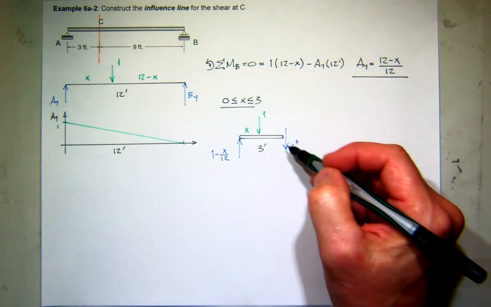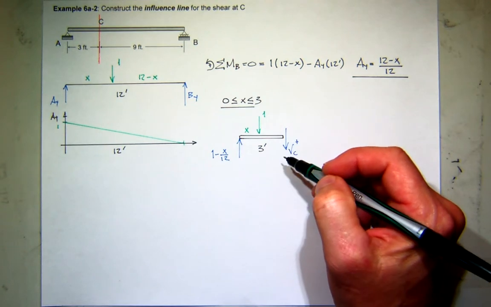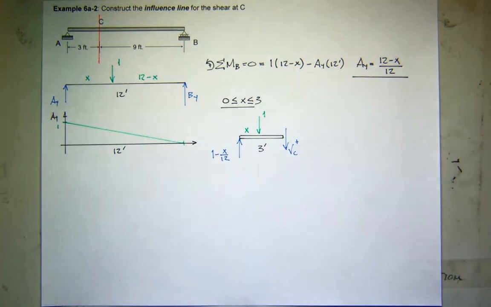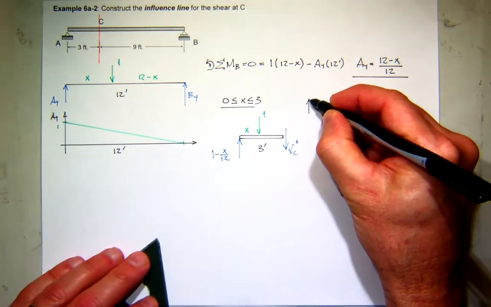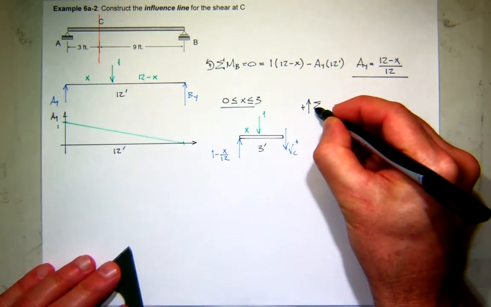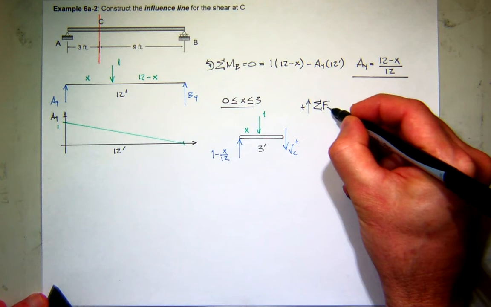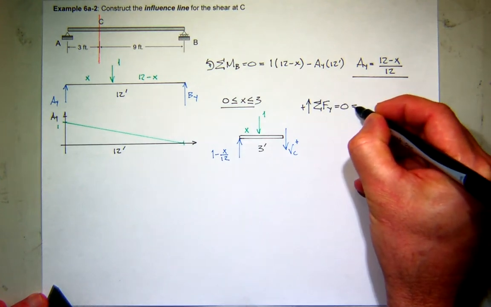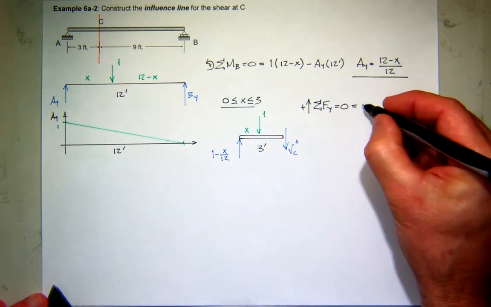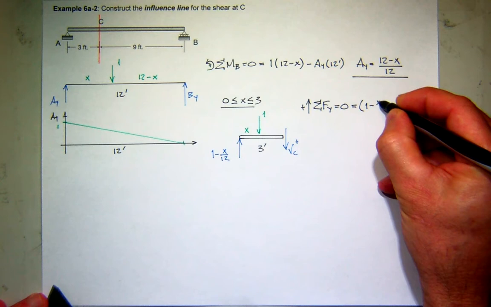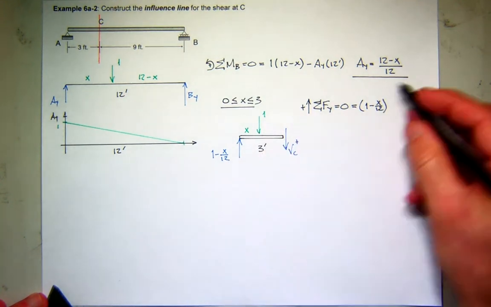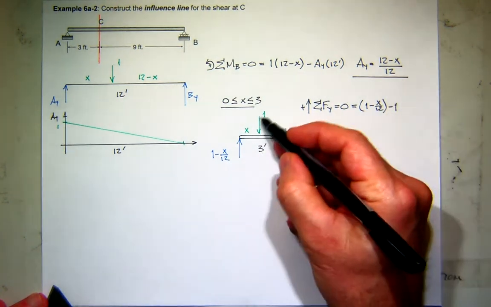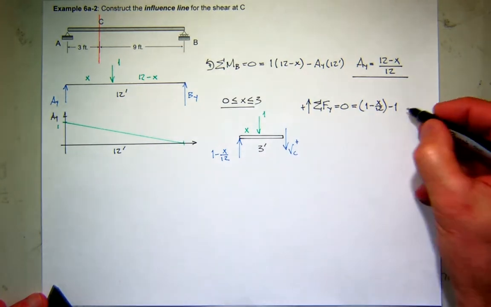Now, all I'm looking for is shear, so how can I find shear? Sum the forces in the y direction, so I'll do that. So I'll assume up for positive, and I'll sum forces in the y direction. So starting over here, I've got 1 minus x over 12, that's AY acting up. Then minus 1, that's the unit load down, and then minus CY.